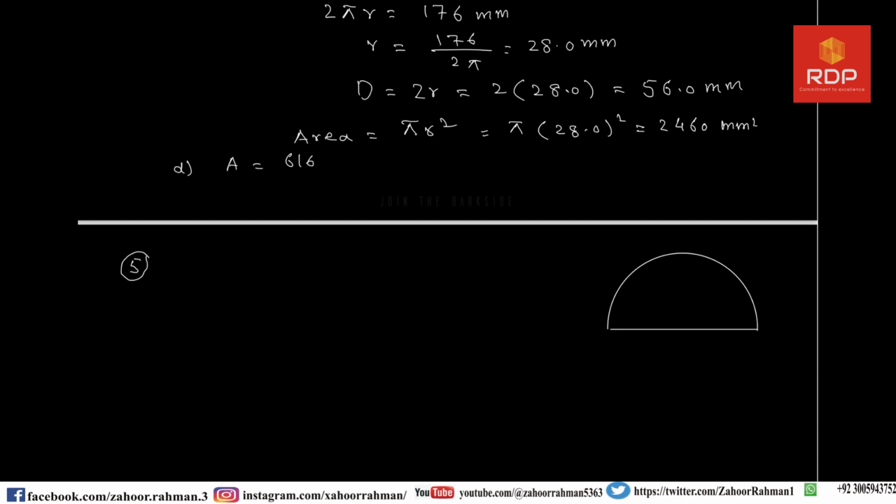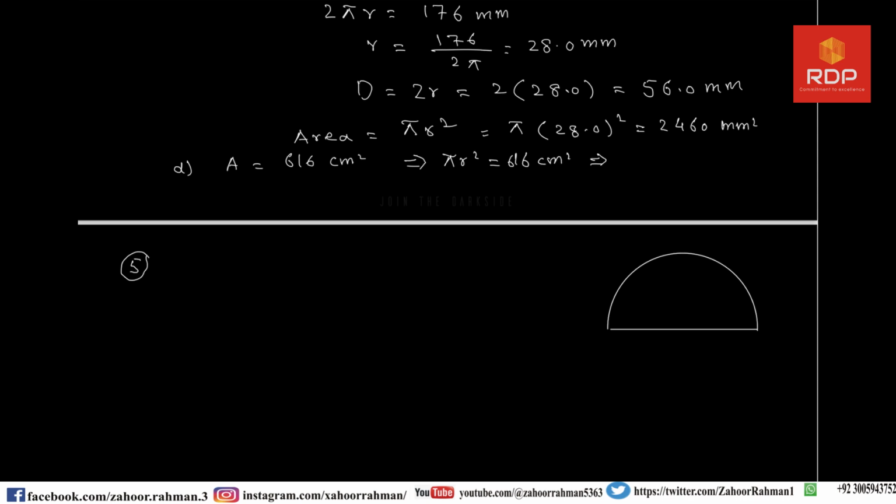Now the D part is saying that they have given us the area, and that is 616, and the unit is centimeter square. Now first of all we have to find the radius of the circle. Here area is given as this, so I can write pi r square is equal to 616 centimeter square.